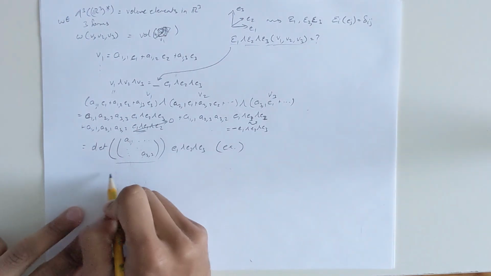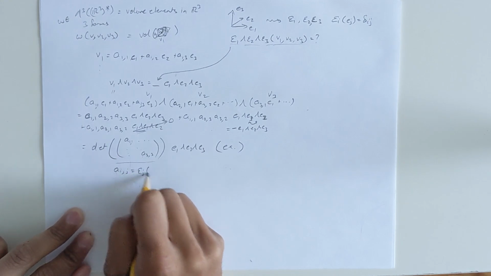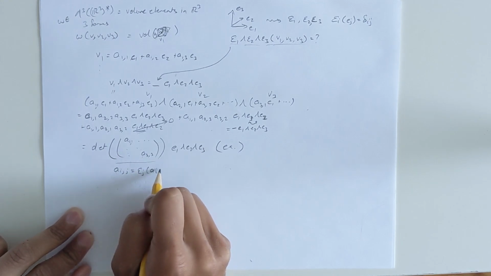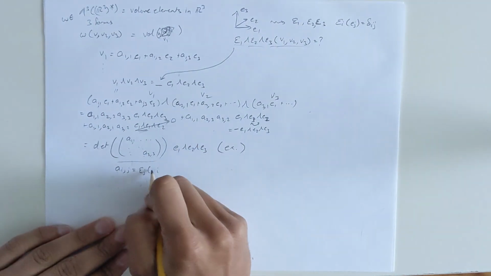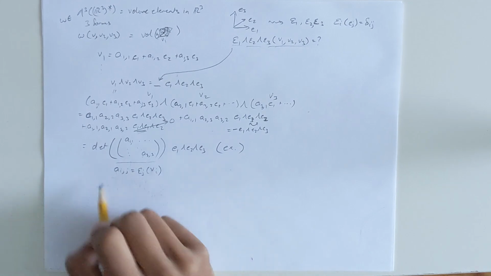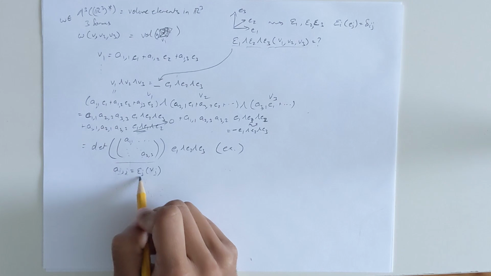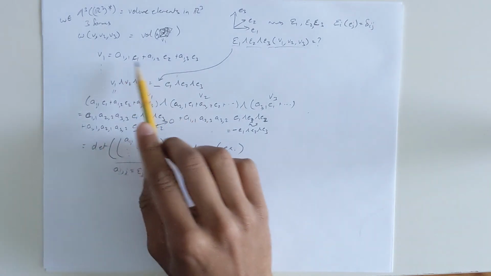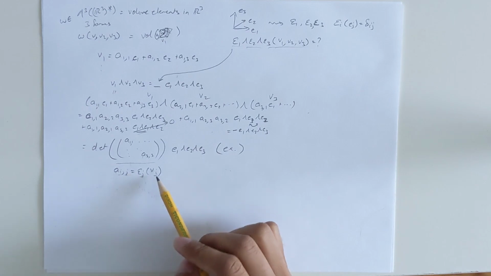So you'll notice that Aij is just the same thing as epsilon j of vi, because the first index tells you which vector you're looking at, and the second index tells you which component you're looking at. So A12 is V2 of, or epsilon 2 of V1.